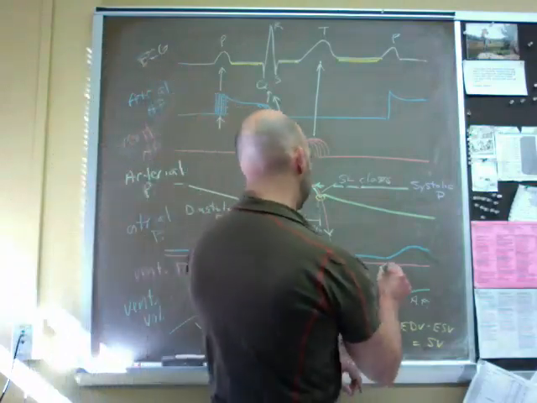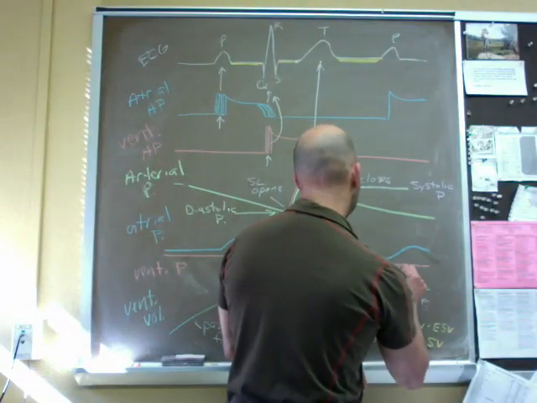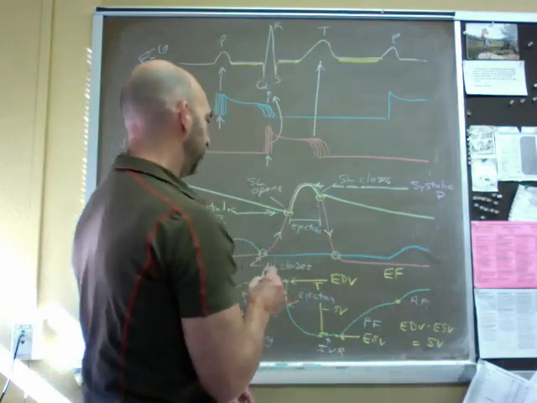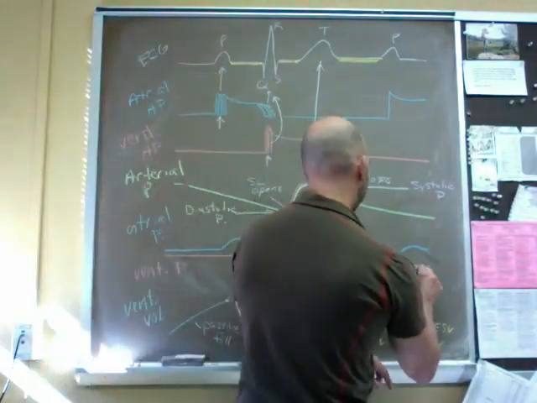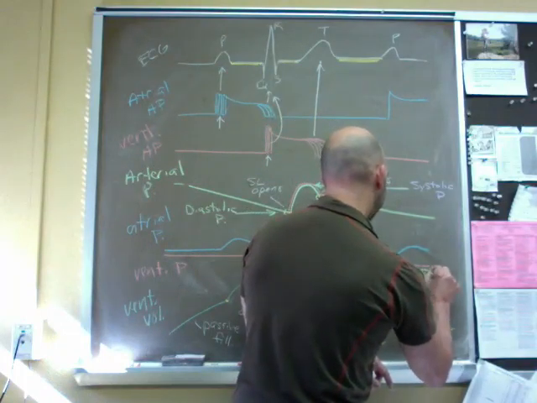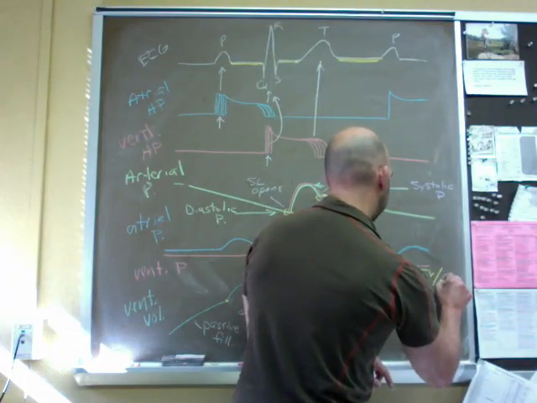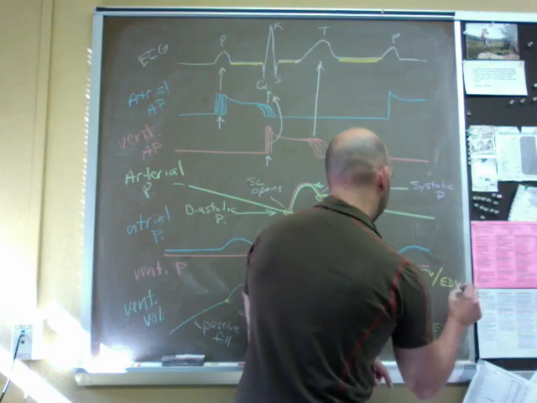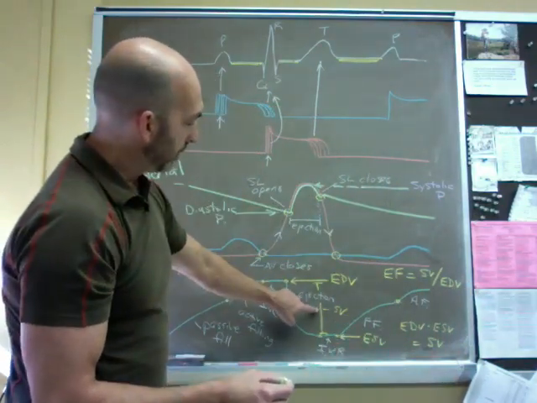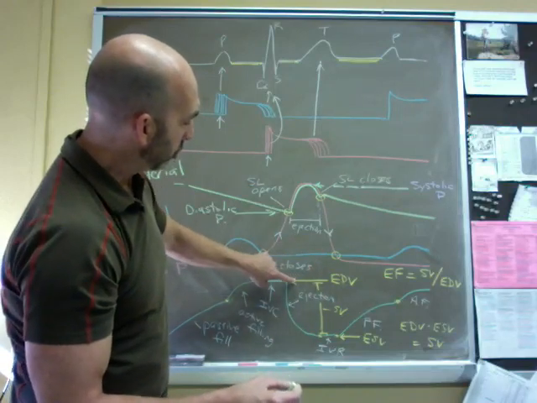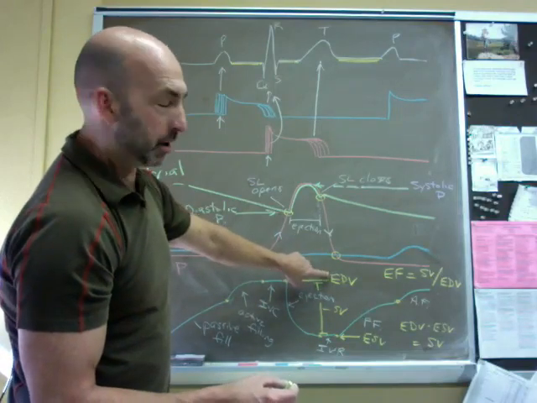So the ejection fraction, EF, sorry, I don't have a lot of room to write things out here, is going to equal stroke volume as a fraction of EDV. In other words, how much did you eject, as a fraction of the amount that you started with?